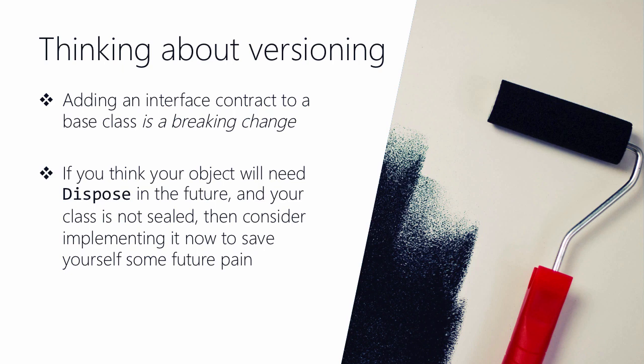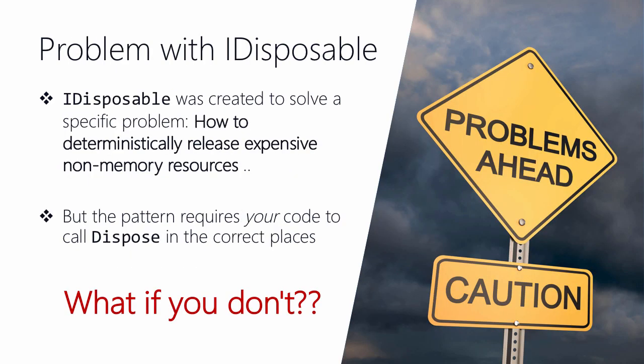This isn't as bad in the mobile world where we have to ship all of our types with our application, but in the desktop world where potentially that type is in a DLL that's perhaps in the global assembly cache, or maybe it's a shared component, this can be disastrous because it can break all kinds of things. And so if you think that your object's going to need dispose, then you should go ahead and implement the disposable pattern up front.